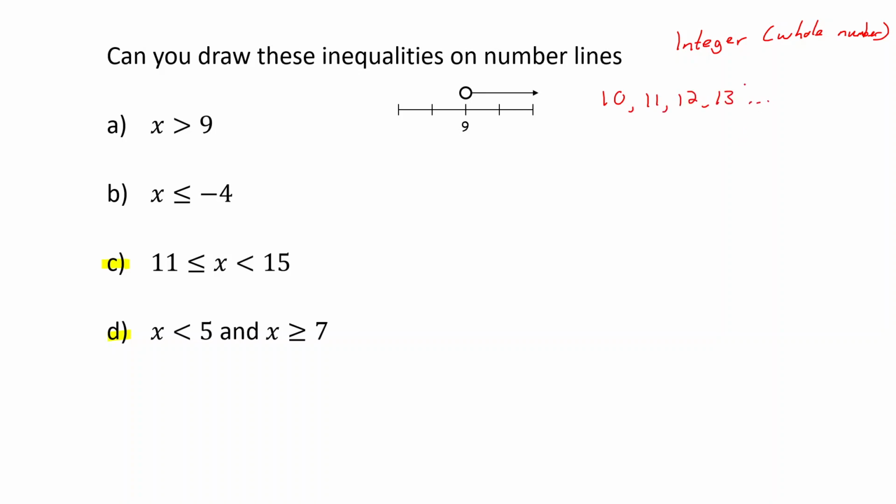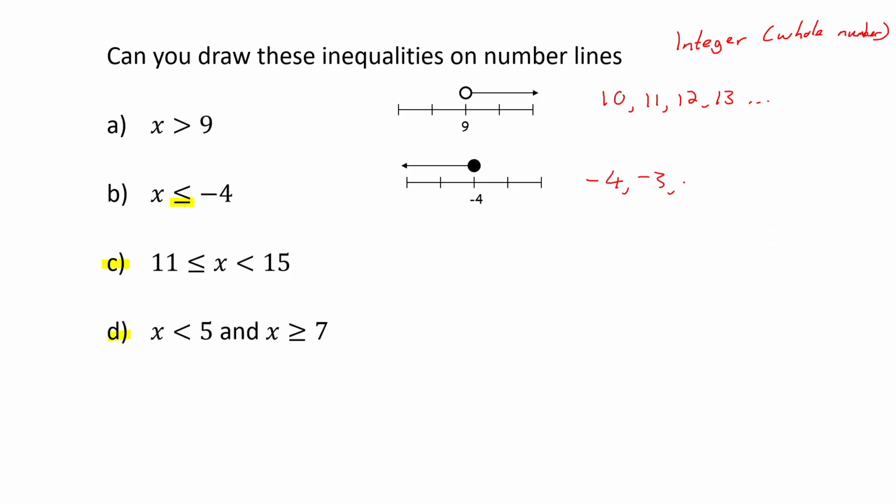Okay? Question B, we would read this as x is less than or equal to negative 4. So there we go. And this time we do include the number minus 4 because it's less than or equal to minus 4, which is here. We're looking at numbers that are less than minus 4. And again, if you asked for the integer values satisfied by this inequality, you would include the number minus 4 and everything below minus 4.